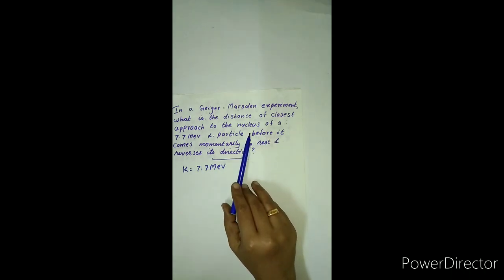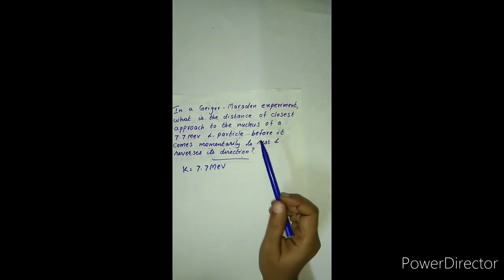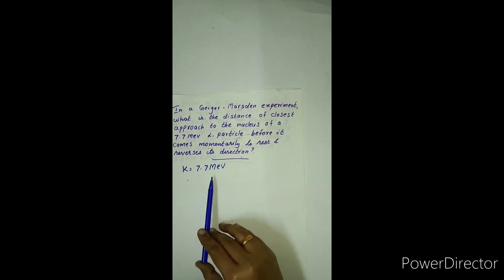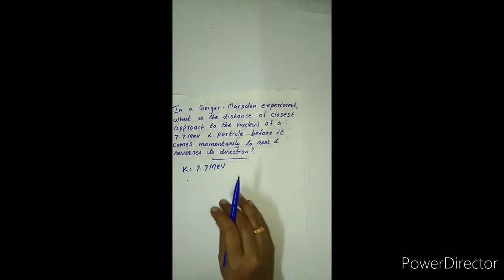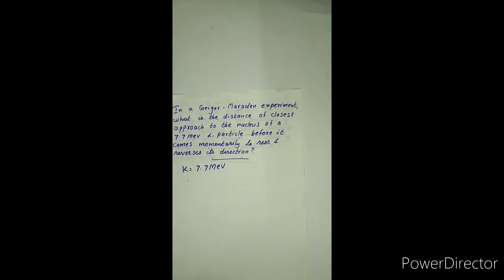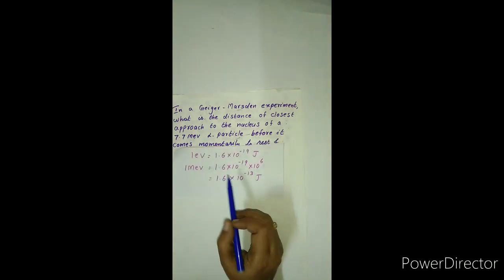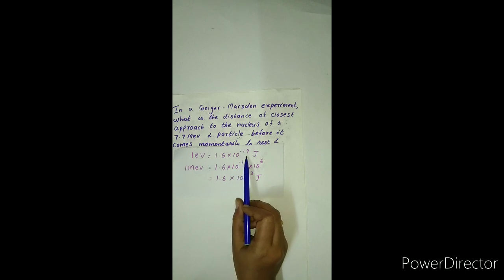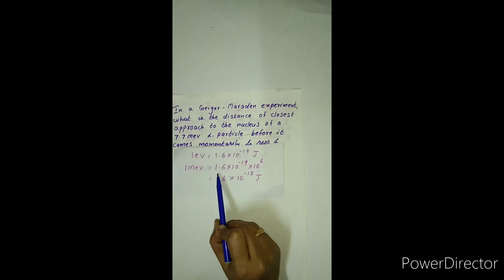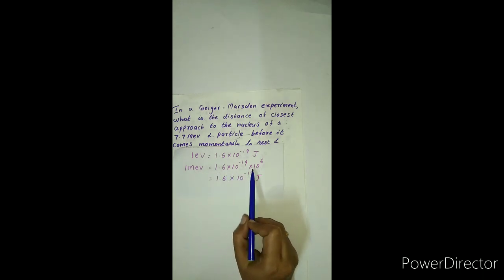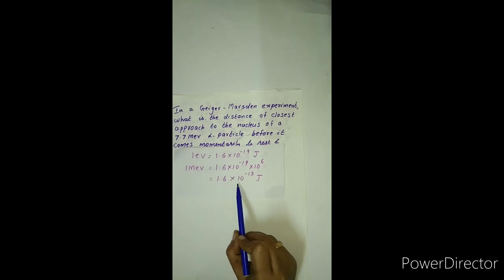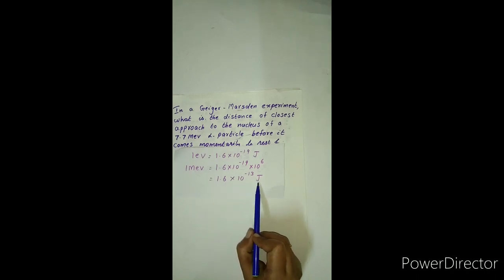Here you want to find the distance of closest approach, and the kinetic energy of the alpha particle is given as 7.7 mega electron volt. 1 electron volt equals 1.6 into 10 raised to minus 19 joule, so 1 mega electron volt equals 1.6 into 10 raised to minus 13 joule.